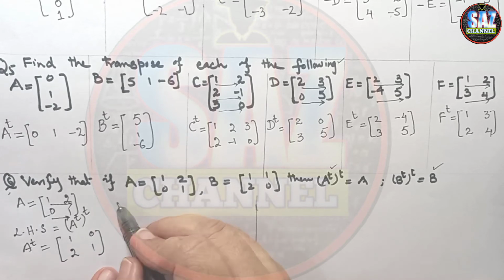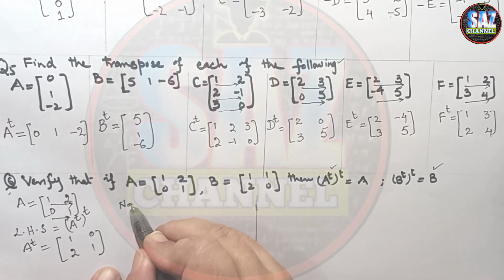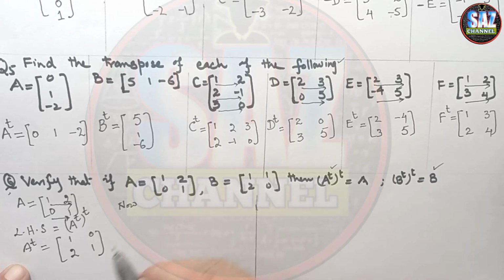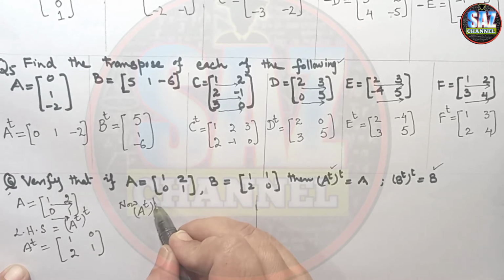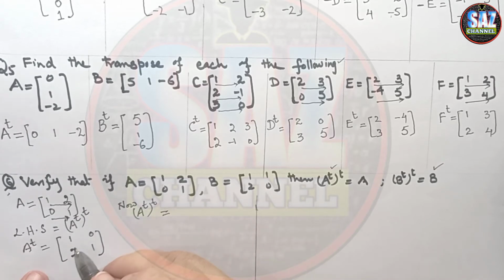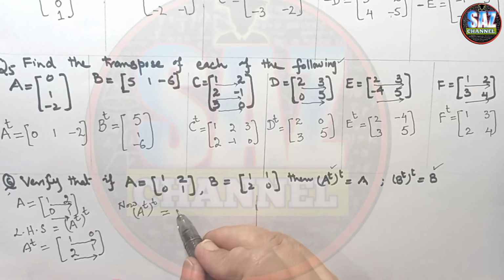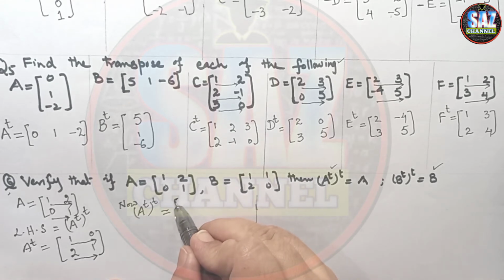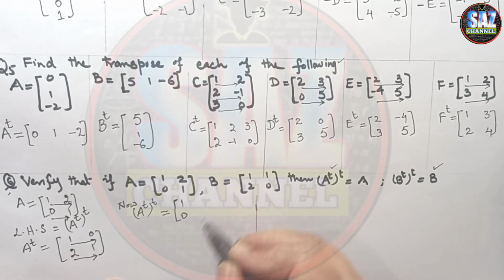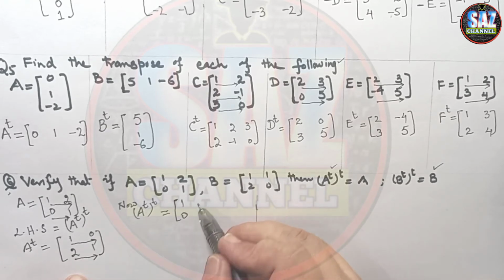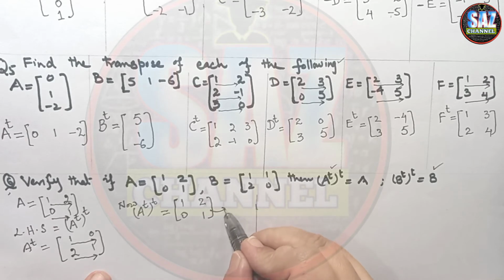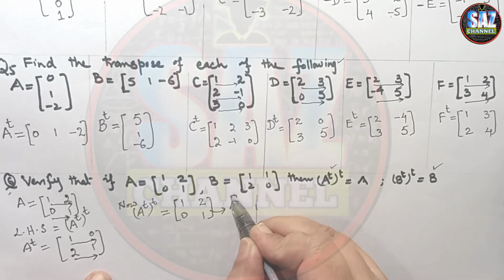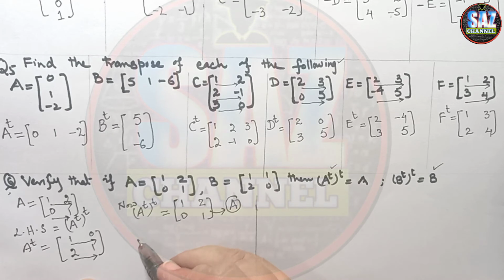Then I have to take the transpose of this matrix again. A transpose, transpose, I have to shift the rows of this matrix in form of the columns, and it will take the form 1 0 and 2 1 2 1. Now if we look at this answer, this is equal to A, which is equal to right hand side.